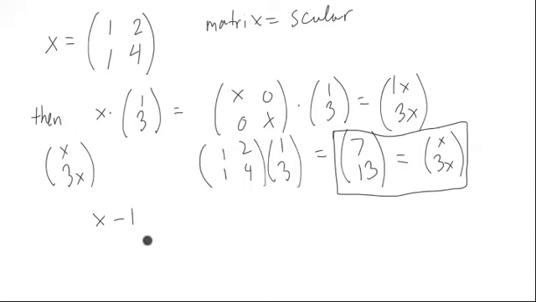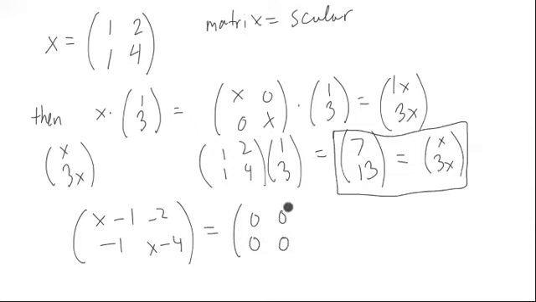So x minus 1, and we have x minus 4, minus 2, minus 1, where I just take the two matrices and subtract them. If this is equal to the 0 matrix, because it behaves like multiplication by a scalar 0, you could think that means that this column is the 0 column, and this column is the 0 column. So that's a 0 vector.